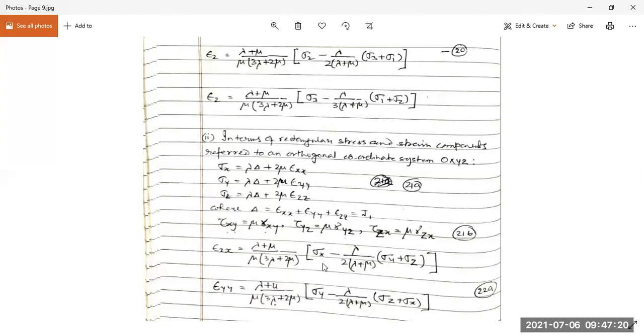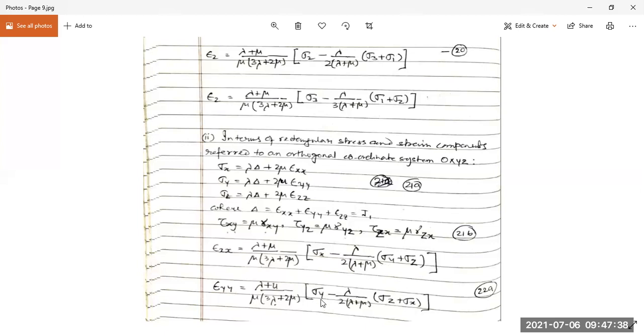So same equation we are just using here. We are just replacing epsilon 1 by epsilon xx, epsilon 2 by epsilon yy, and same with sigma 1 with sigma x, sigma 2 with sigma y, and sigma 3 with sigma z itself.